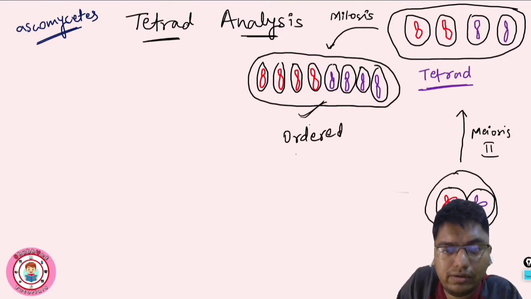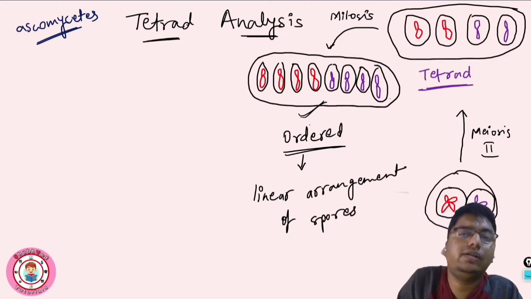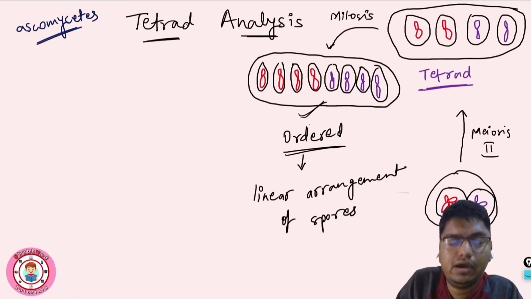Ordered means a linear arrangement of spores. In unordered tetrad there is a random mixture.